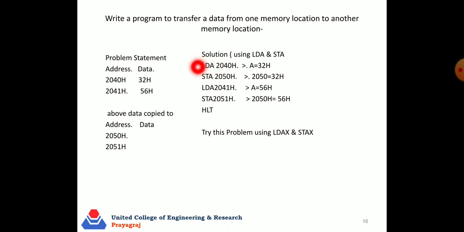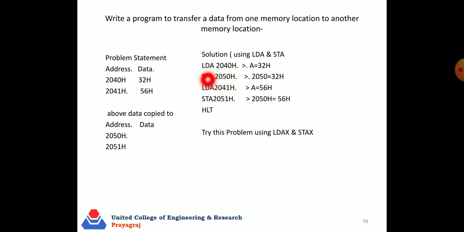LD stands for load the data, A stands for accumulator, from address 2040H, where the content is 32H. After execution of this instruction, A is loaded with 32H. Once the data is loaded in the accumulator, we have to store the data in 2050H, so we write STA 2050H.